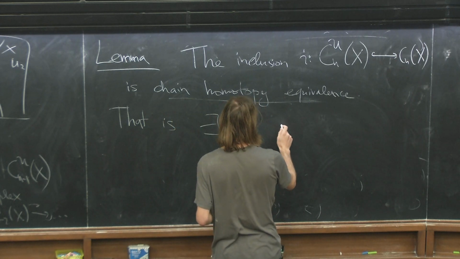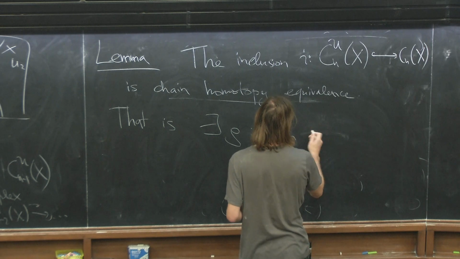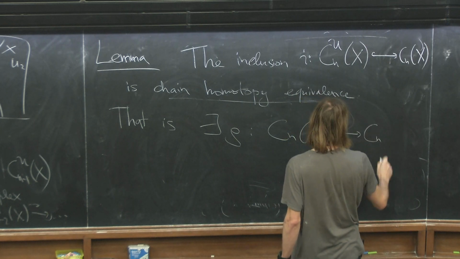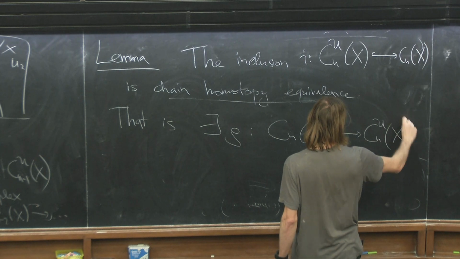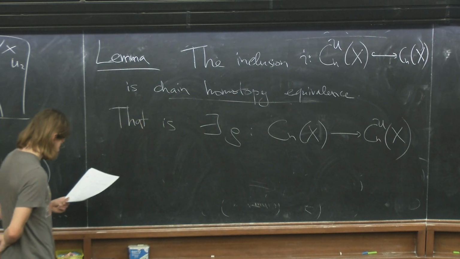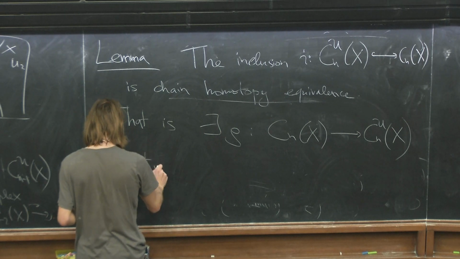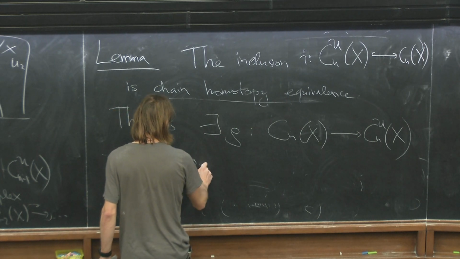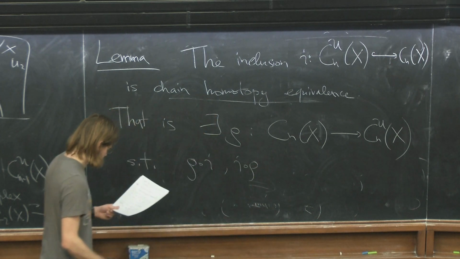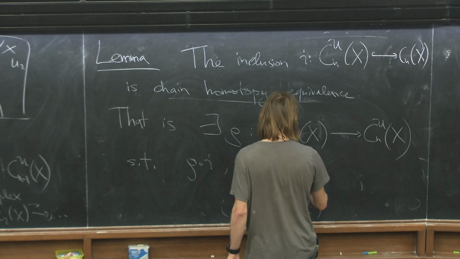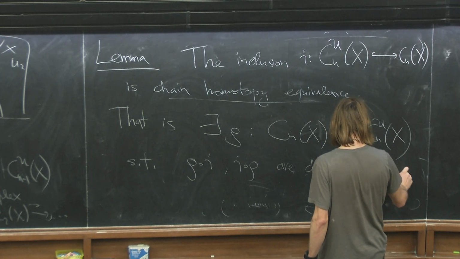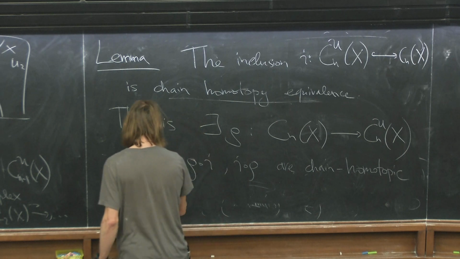There exists rho, a homomorphism in the opposite direction, from arbitrary chains to these restricted chains, such that the composition of rho with I and the composition in the opposite order are chain homotopic to identities.